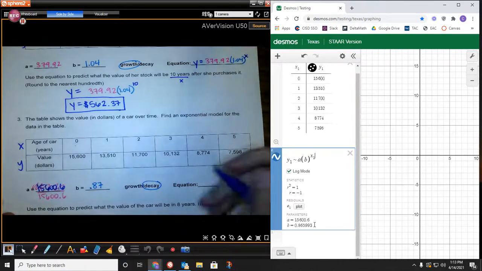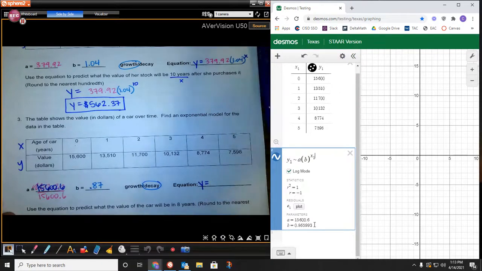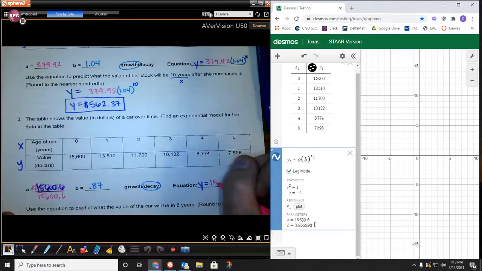And the equation that we come up with is y is equal to 15,600.6 times my B value, 0.87, all raised to the x power.